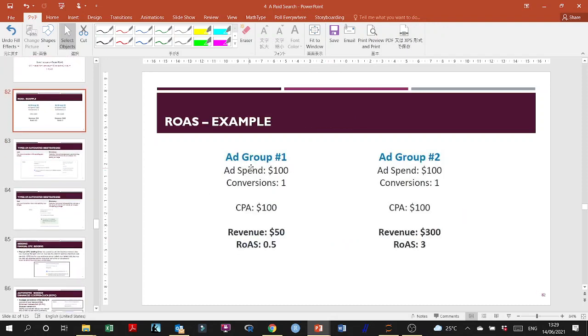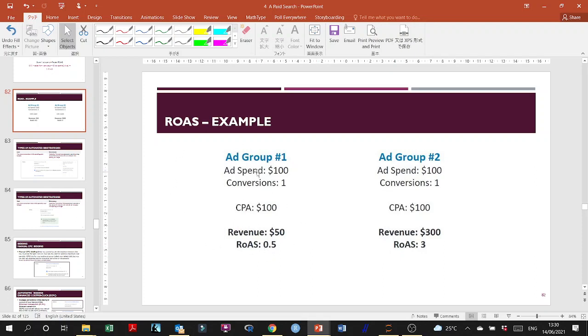Here I gave you an example. You have ad group 1 and ad group 2. The ad spend here is 100 and here is 100, one conversion each. The cost per acquisition is the same, but the revenue here is 50 and here the revenue is 300. So the return on ad spend here is much higher than the return on ad spend over here because of the revenue. So be wary of that.